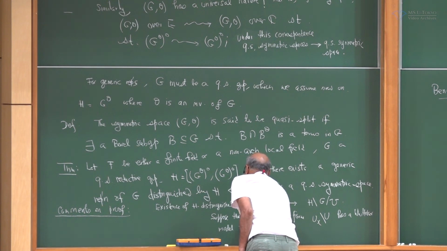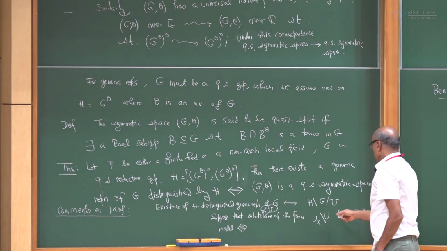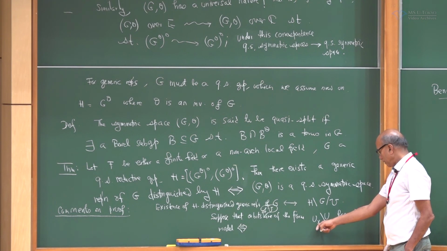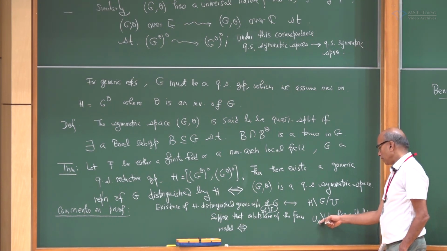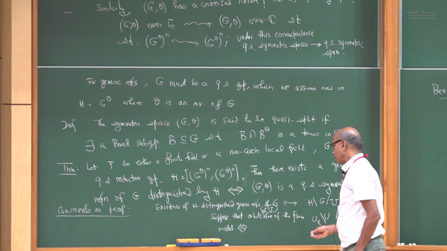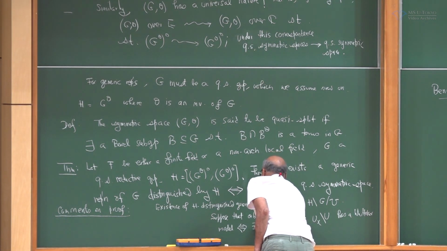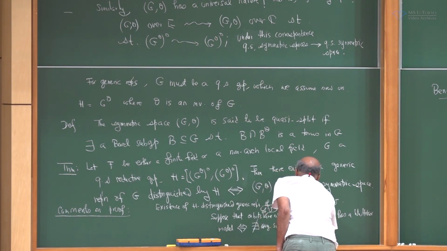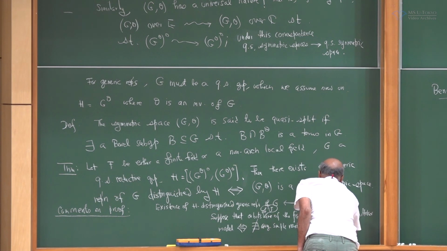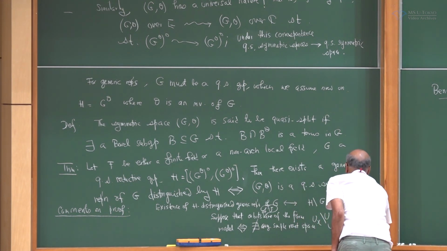if and only if, so you have a unipotent group and a unipotent subgroup of a unipotent group, and one knows that this has a Whittaker model if and only if there does not exist any simple root space U alpha inside Ux.